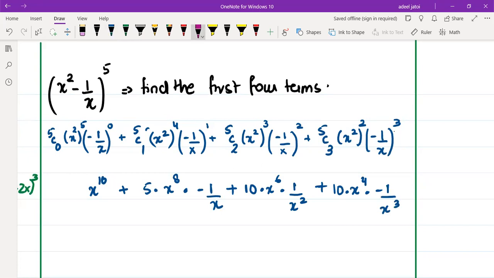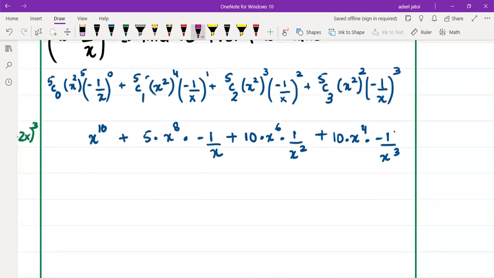So now, if we solve this down, we can see the answer is x^10 plus, if this x and this 8 are cancelled, we are left with 7. So the end result for this should be minus 5x^7. Similarly, this is x² and this is x^6, so x² and x^6 cancel, you are left with x^4. And 1/x is positive as well.